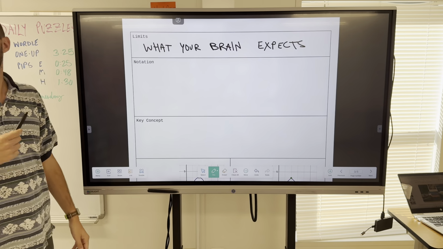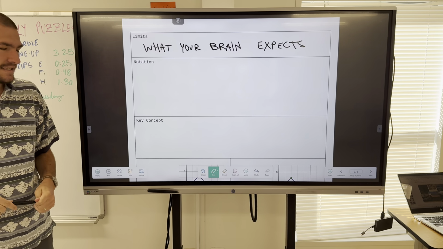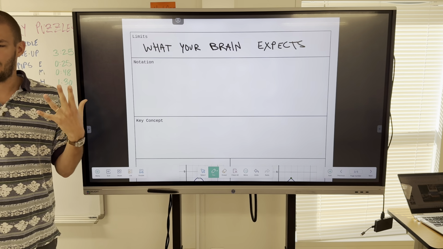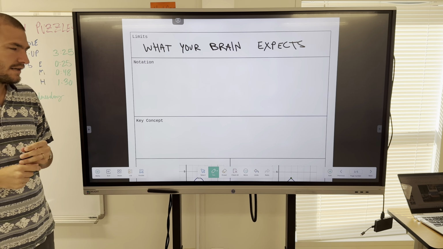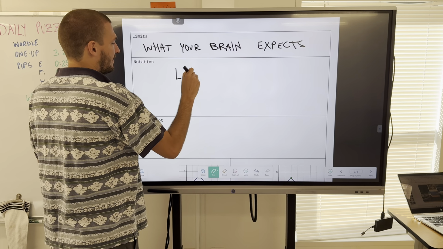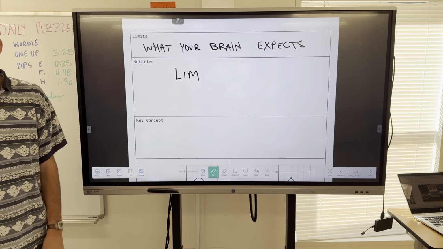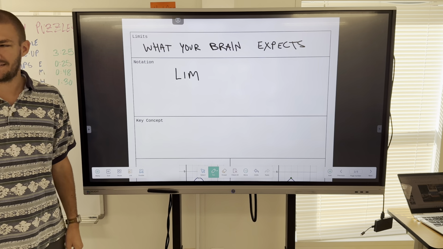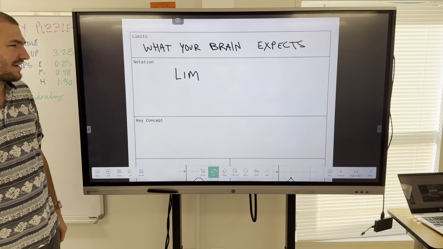They have a bit of a notation. One of the things about calculus is that we have a whole bunch of notation and it starts to look complicated, but it's never really that complicated. Limits are gonna have the word lim, short for limit, all right? No surprise there.